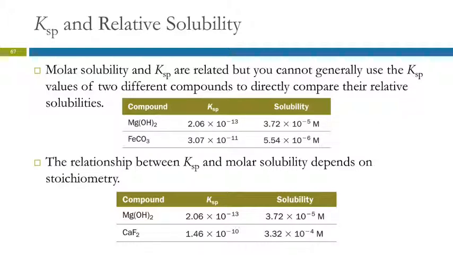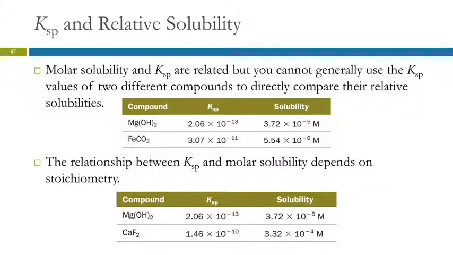So the molar solubility and the KSP are related, but you can't just use them interchangeably, and you can't necessarily compare solubility by comparing KSP, because the stoichiometry has an effect, right? So here we're looking at magnesium hydroxide and iron carbonate.